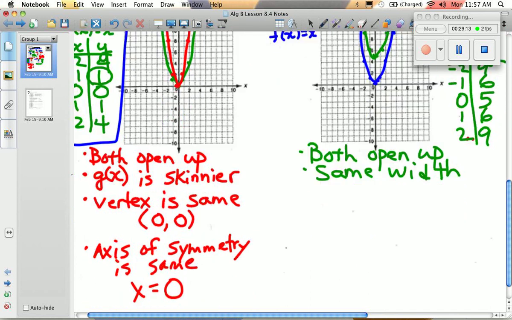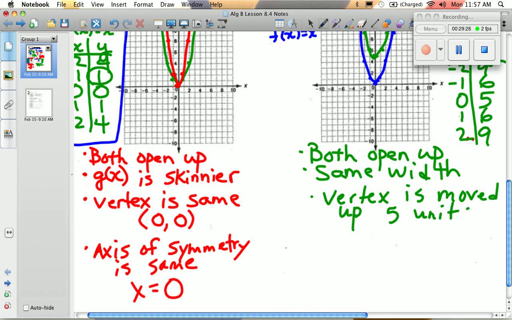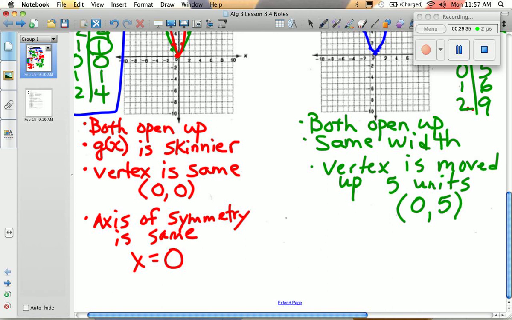Let's do the vertex next. The vertex moved up how many units? 5. Moved up 5 units. So now it's at, as we already did in our table, 0, 5. And the axis of symmetry is the same.